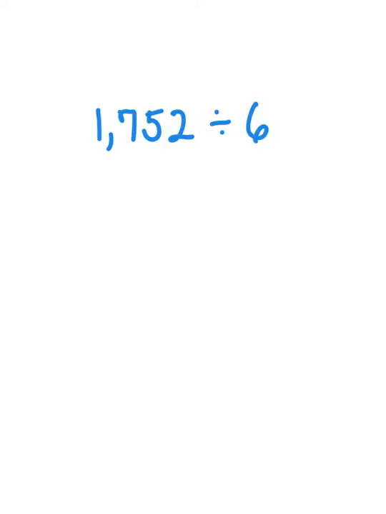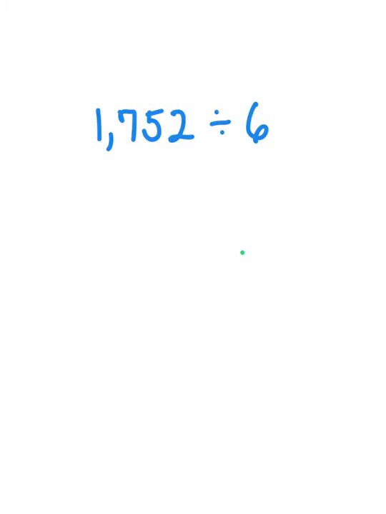So again, we're going to look at these two digits right here, 1 and a 7. And we're going to say 6 can go into 17. Can 6 go into 17? I don't think so. So what we have to think of, again, we got to go back and review our facts.